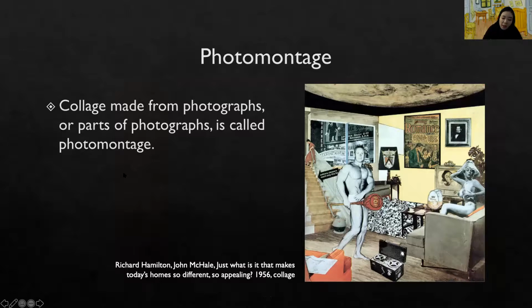Photo montage, collage made from photographs or parts of photographs, is called photomontage. Photomontage is the process and the result of making a composite photograph by cutting and joining a number of other photographs.